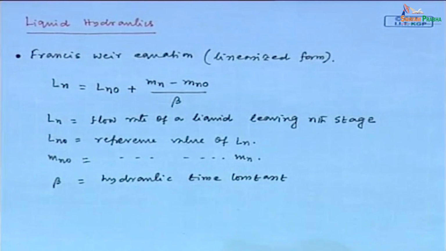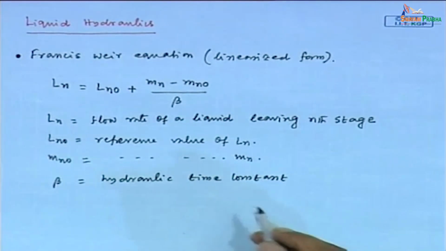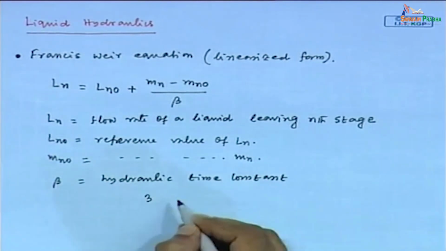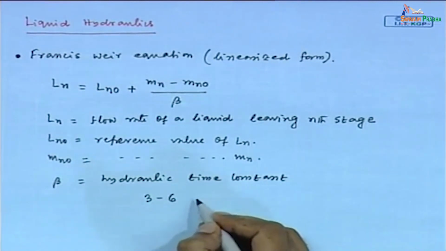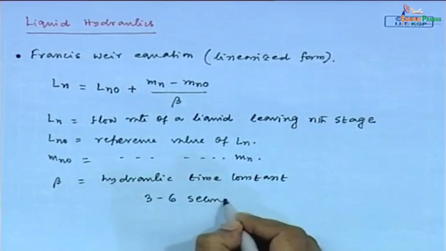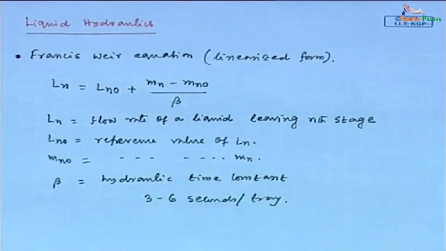The value of beta is typically taken between 3 to 6, not minutes, seconds, for each tray. So, beta is the hydraulic time constant, typically 3 to 6 seconds for each tray.